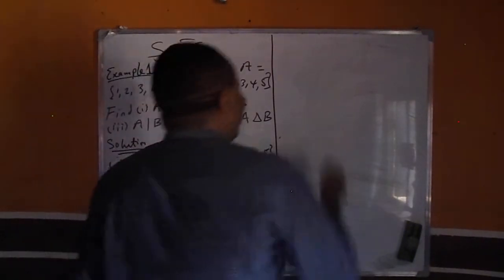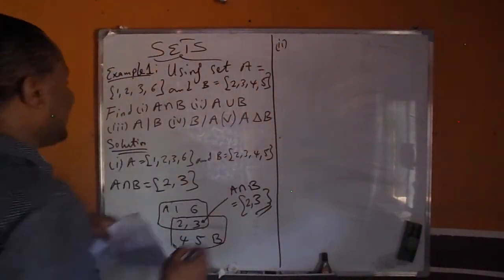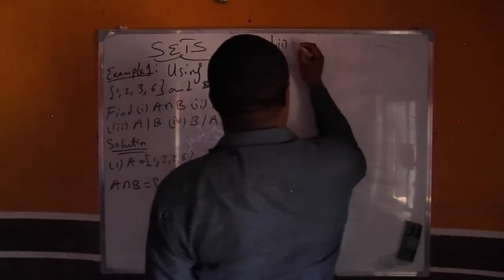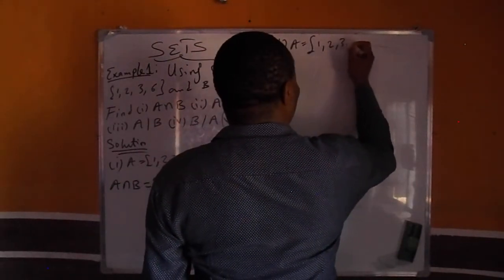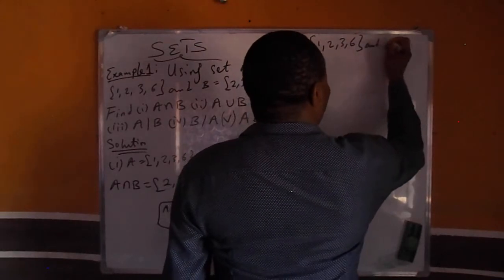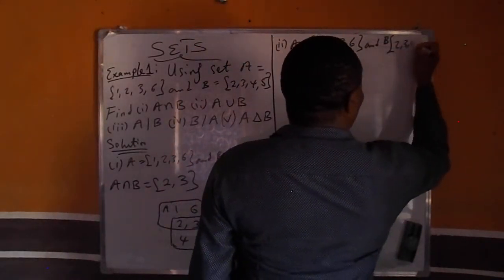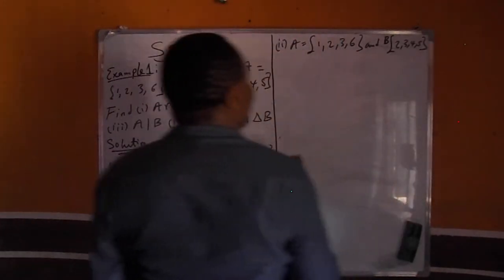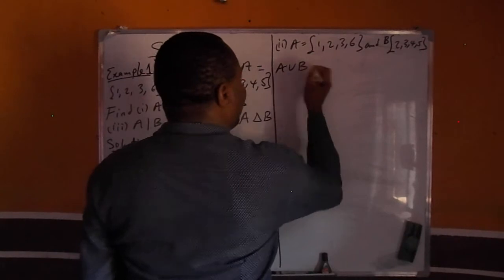We move to Roman figure 2. Roman figure 2 says A union B. We still have A equals 1, 2, 3, and 6, and B equals 2, 3, 4, and 5. Now, what is A union B?